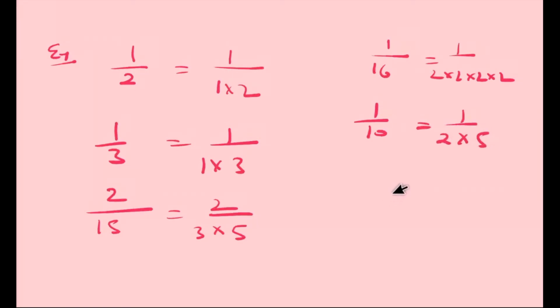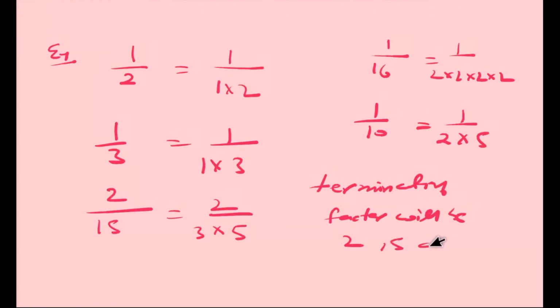Okay, so for terminating, the factors will be 2, 5, or both.